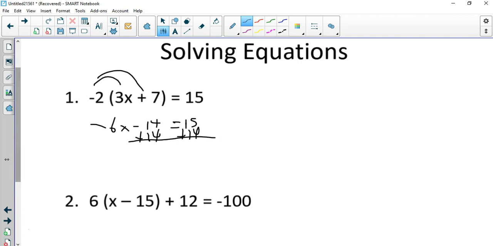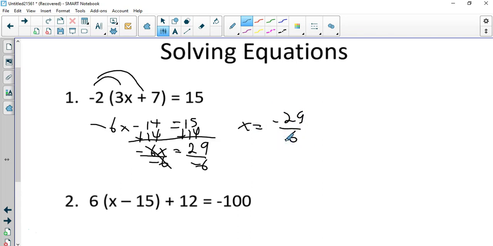Now when we do that, we're going to get negative 6x equals 15 plus 14, 29. And now we undo it by division. And we're going to get an answer of x equals negative 29 over 6.